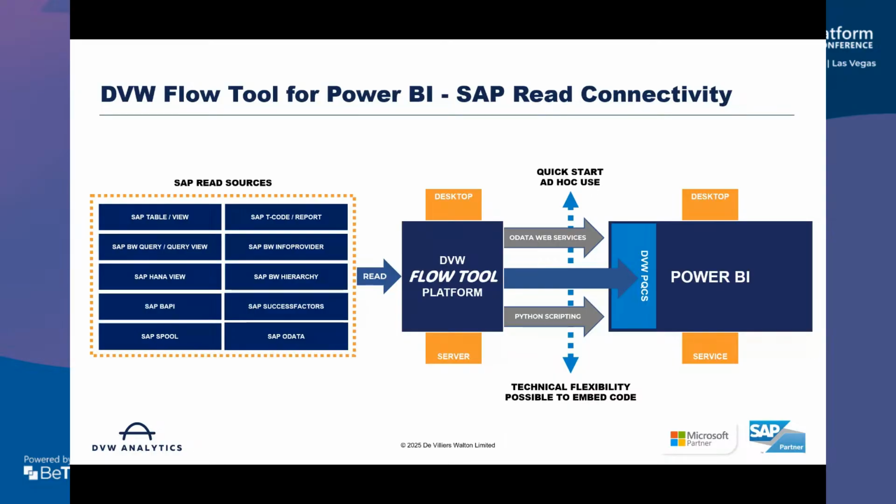If you prefer, you could read that as Dataverse or Fabric or whatever you like on the right hand side there. We've used Power BI here. You've seen the little add-on. You can see just on the side there in the light blue, DVW PQCS, so Power Query Connector for SAP. That's that little piece that sits on the Power BI side that allows you to see and communicate with the platform seamlessly.